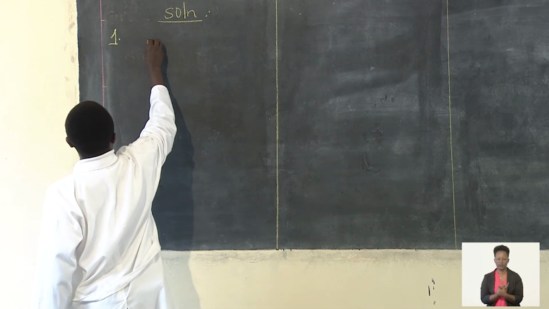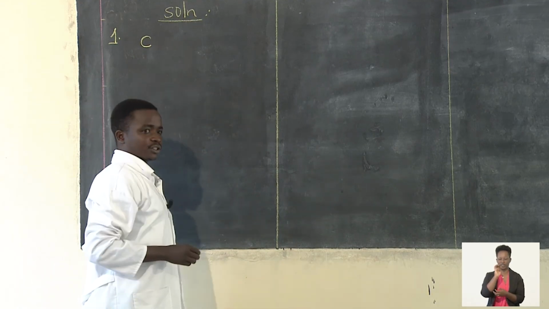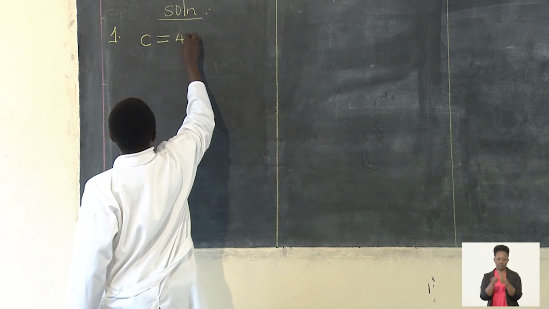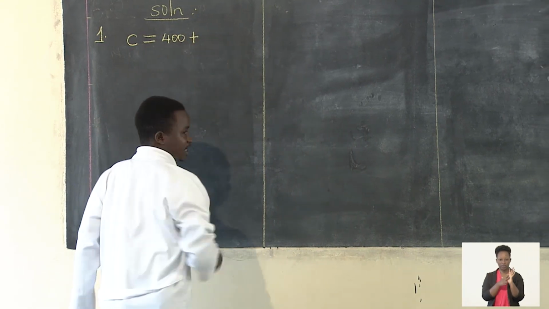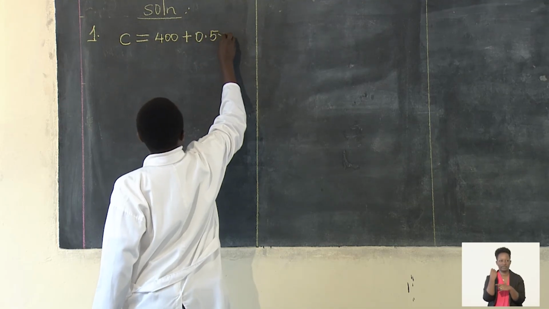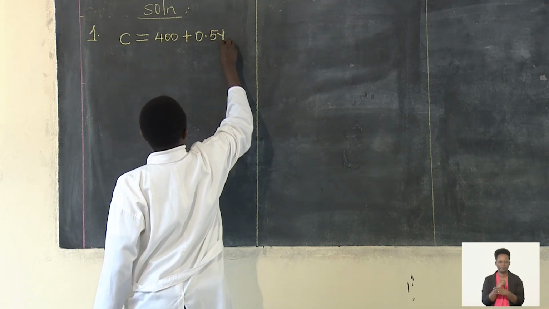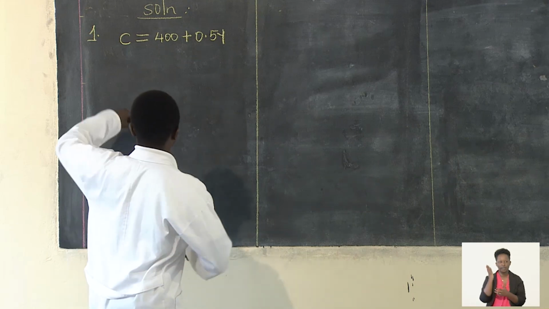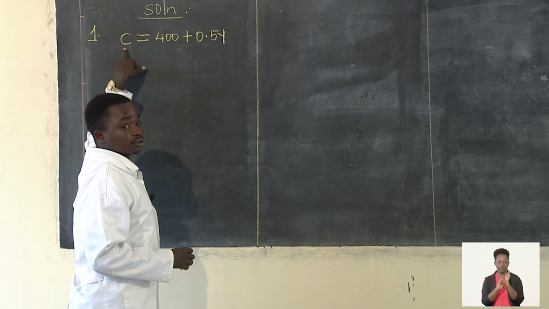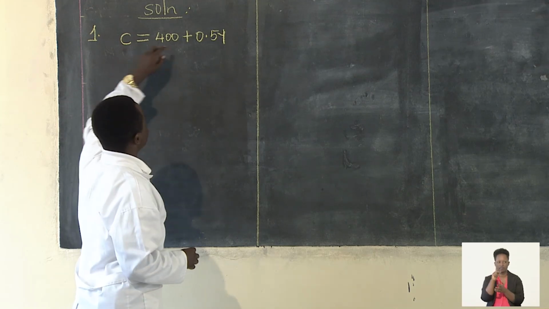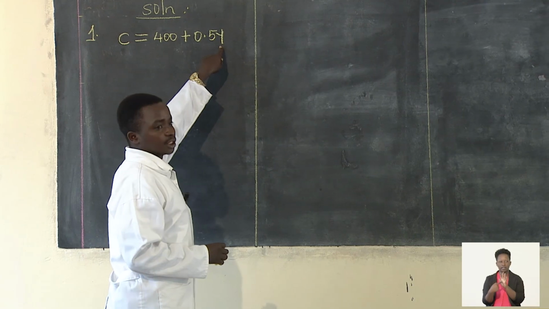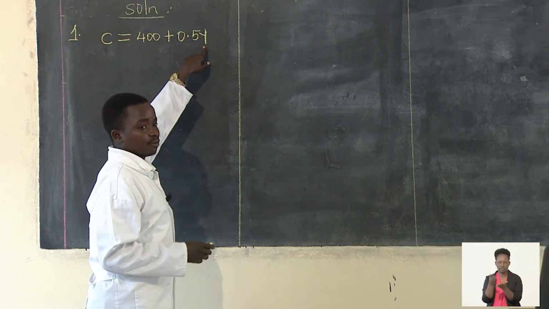We have our linear equation which relates the two variables, whereby consumption C equals 400,000 plus 0.5Y. C represents the consumption expenditure and Y represents the consumer's disposable income.